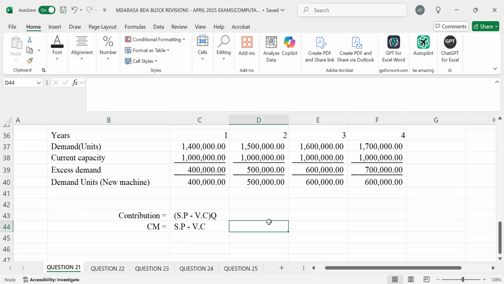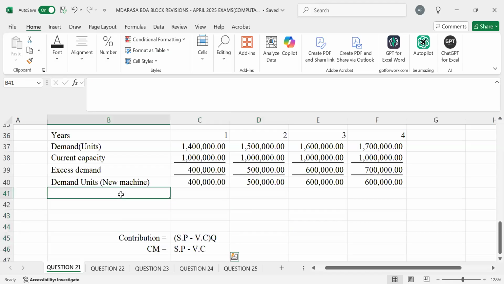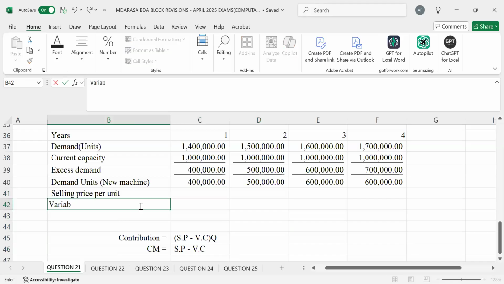So if we want to determine our contribution, because we have already determined our units, we can easily determine our contribution margin. You take the selling price per unit and the variable cost per unit.